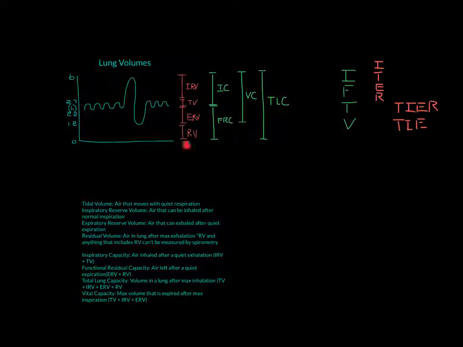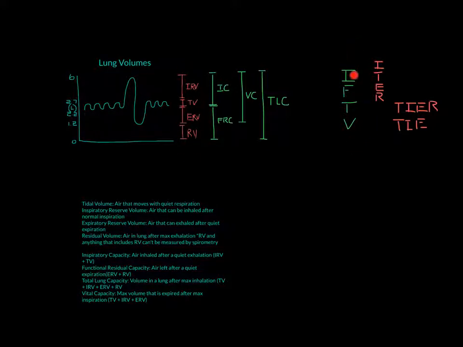It just goes along with the chart, so you can just quickly sketch this out. And then for the volumes, you can just remember ITER, right? And so ER, and that should trigger you to remember the different volumes within the capacities. So for the capacities, IFTV, and for the volumes, ITER.